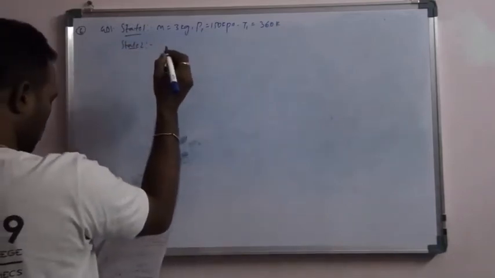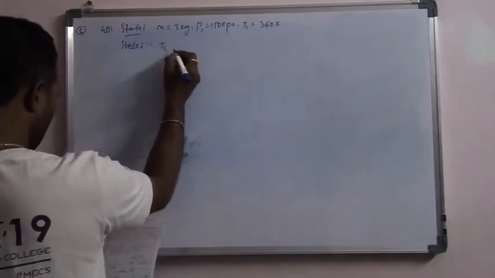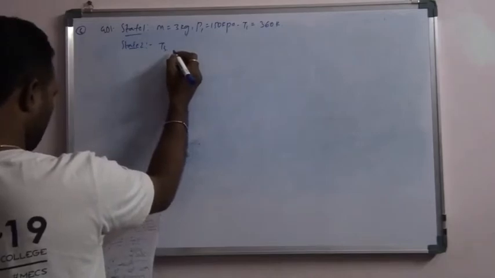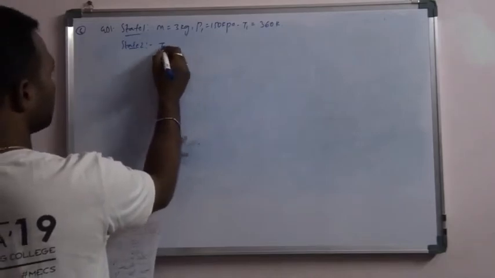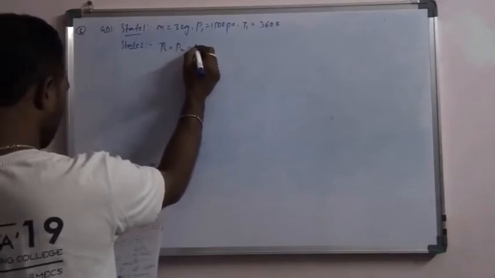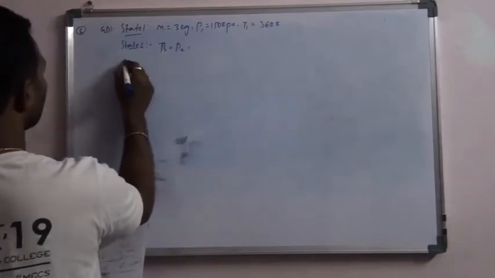In state 2 it is given that it is cooled to the initial temperature, at which P3 is equal to P2 because pressure is constant over here. Next is state 3.